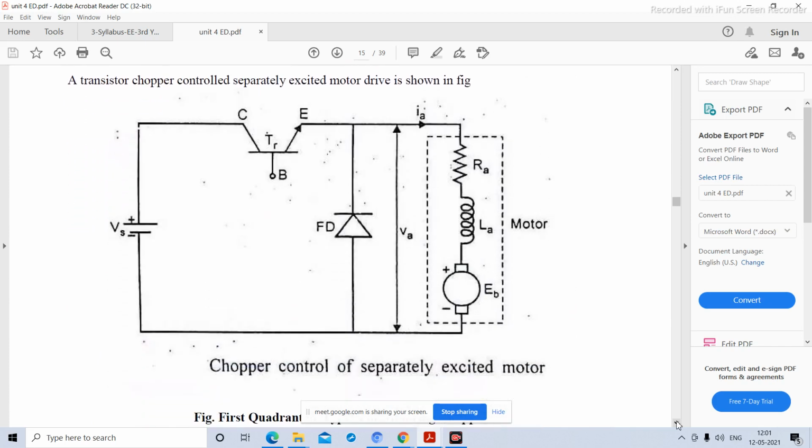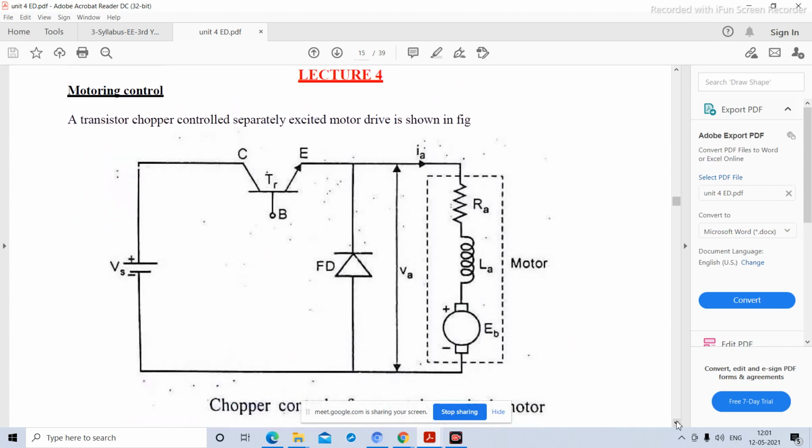Now this is the actual case of motoring control. That is the DC motor: the armature resistance, the armature inductance, the ideal motor and back EMF, the freewheeling diode, and this one is the chopper. I have already discussed that in the motoring mode, the torque is assumed positive and the speed is also positive.